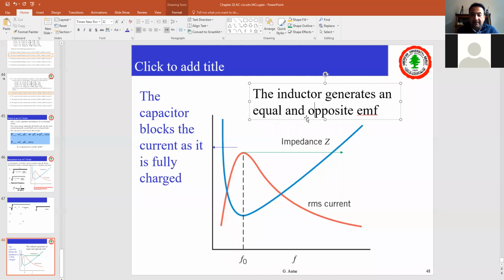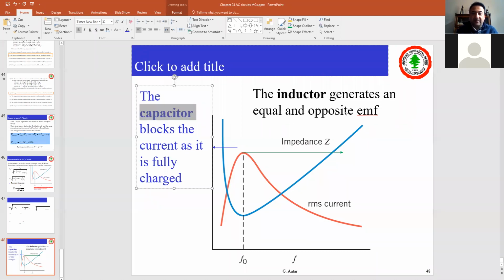So here the inductor plays the role, and here the capacitor blocks the current. It generates an equal and opposite voltage since the voltage is oscillating as a function of time.